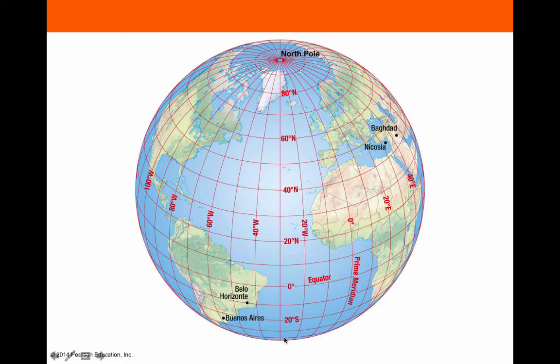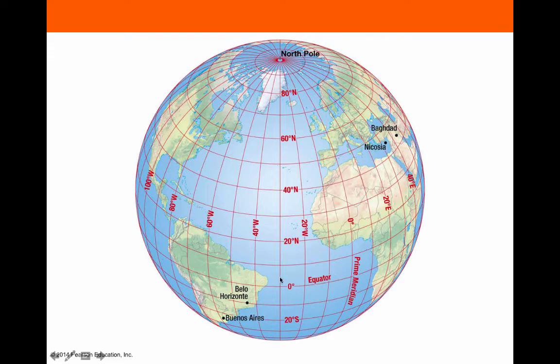Then we have the lines of latitude, which are the parallels, and they start at the equator. Here's the equator, which goes through Ecuador. Think about Easter Island over here.